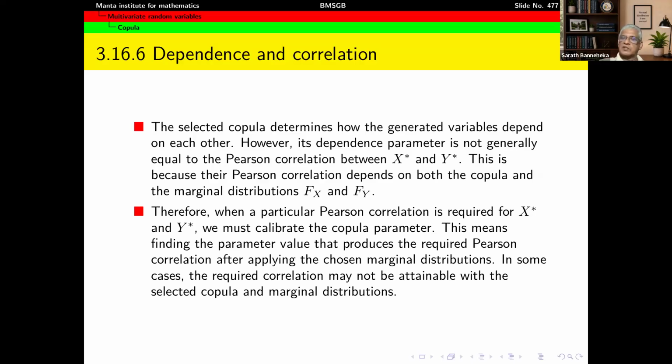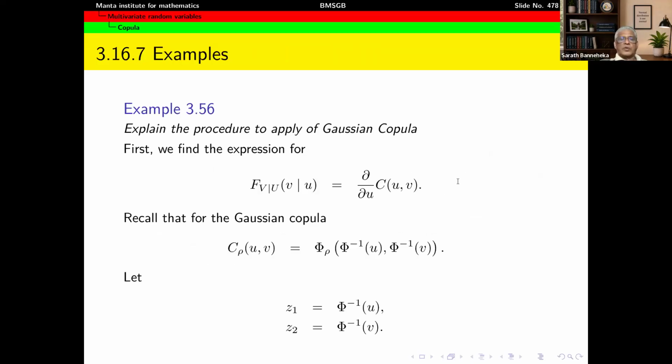I will briefly explain this when we are applying the Gaussian copula to generate data. Right. Okay. So now I will look at an example, a general case, and explain the procedure to apply the Gaussian copula.